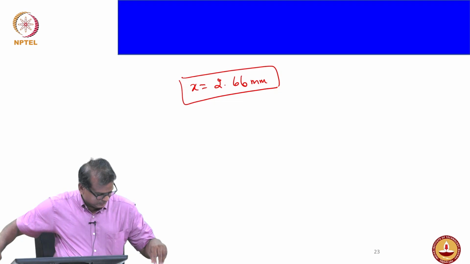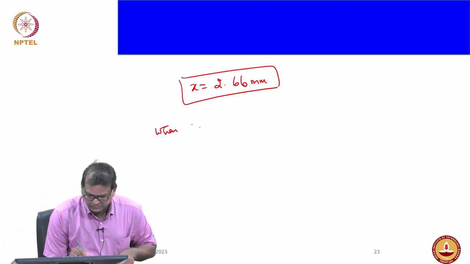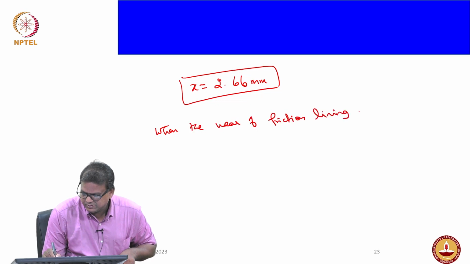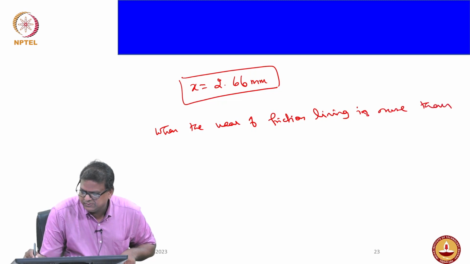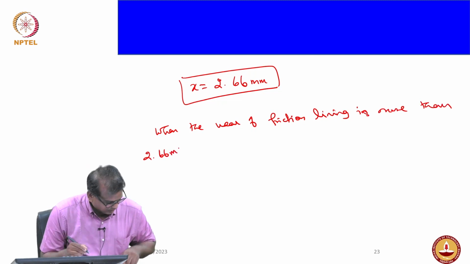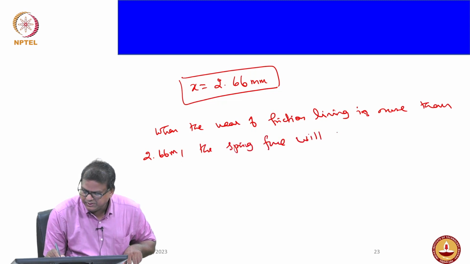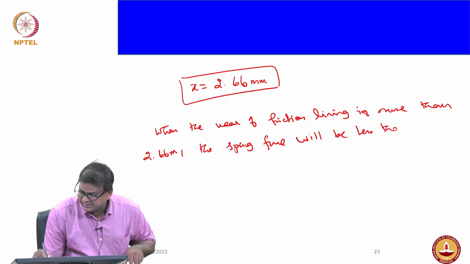So when the wear of the friction lining goes beyond 2.66 millimeter, the spring force will be less than 374 Newton.